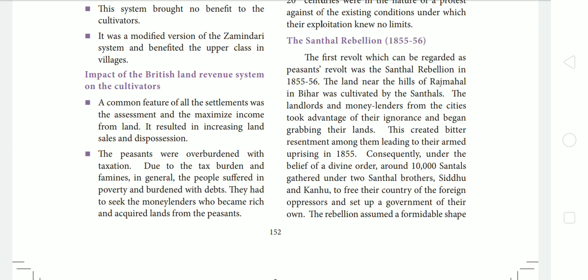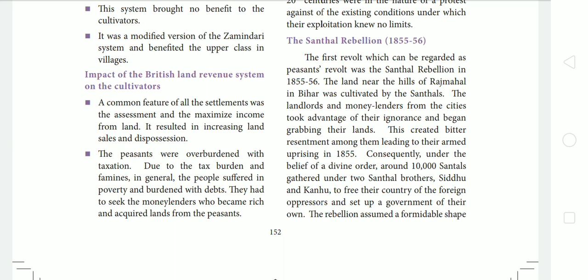The land near the hills of Rajmahal in Bihar was cultivated by the Santhals. But the local landlords and the moneylenders took advantage of the peasants because they were very ignorant.